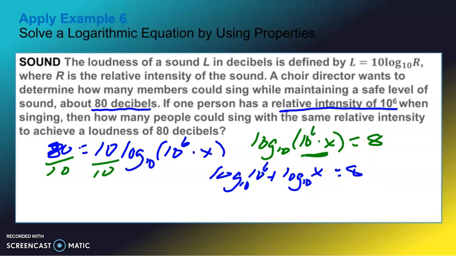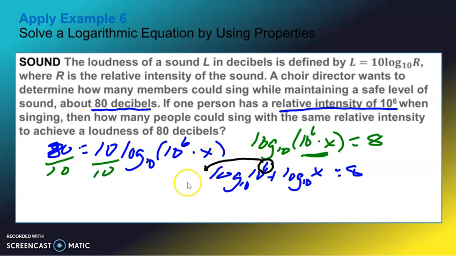Now we had learned in a previous lesson that the base of the logarithm is the same as the base of the exponential. They undo each other, but we also know that if I put this exponent out in front, this is the power rule of a logarithm.